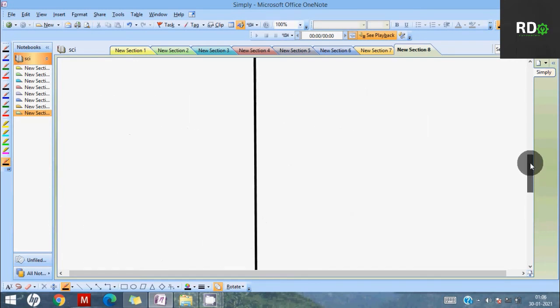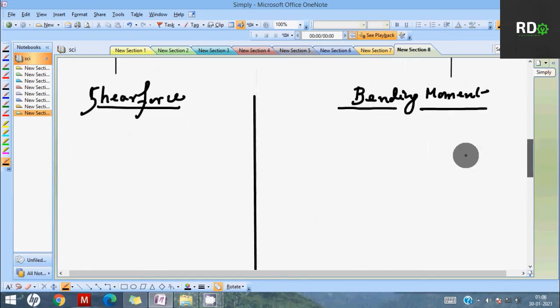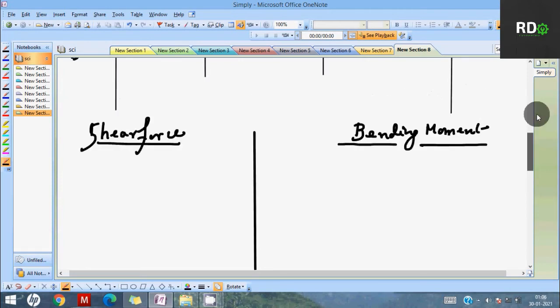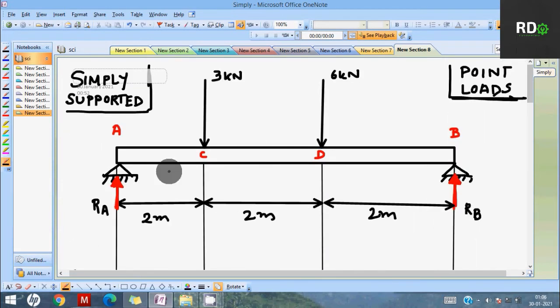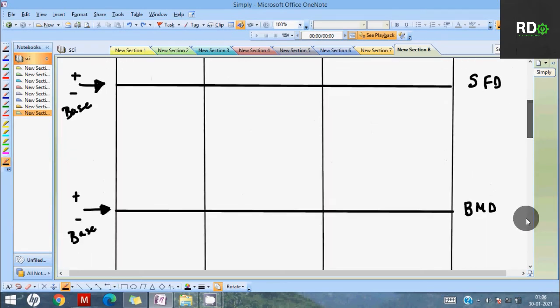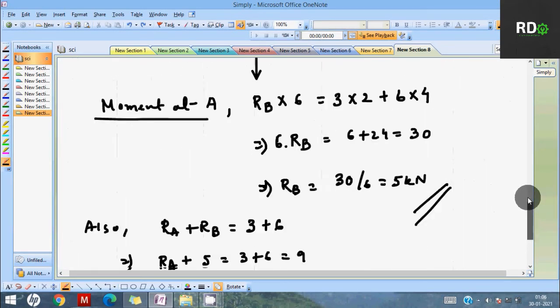If RA is 4 kilonewton, then to find the shear force we will start from the left-hand side of the shear force diagram. It is 4 kilonewton because RA is acting at point A. Let me write it first.